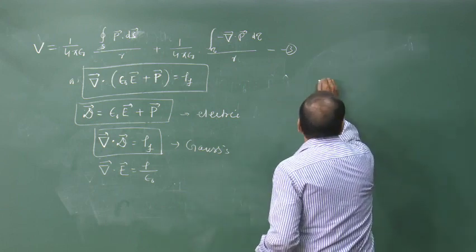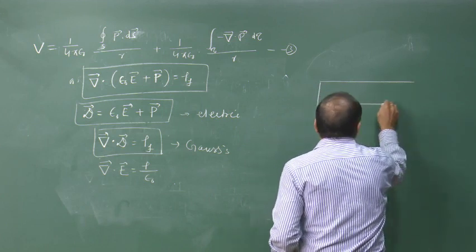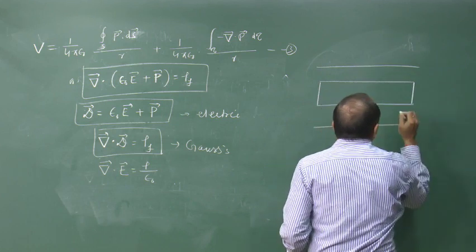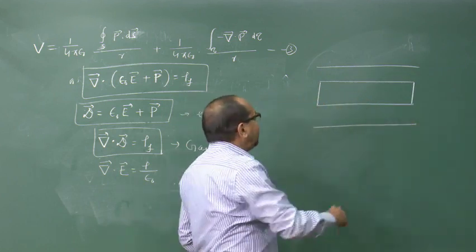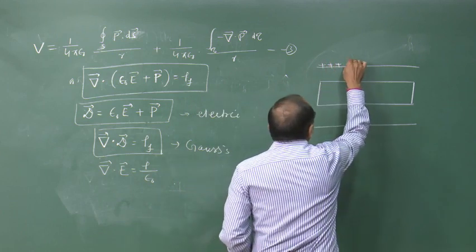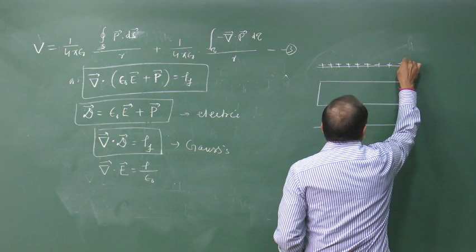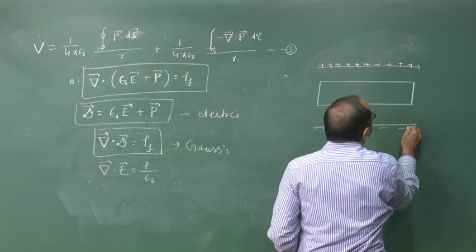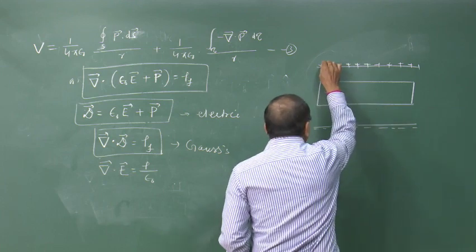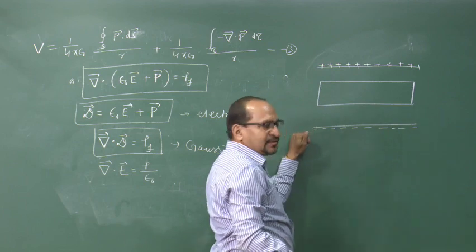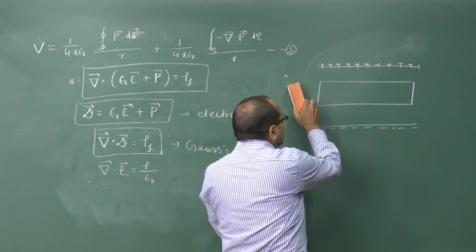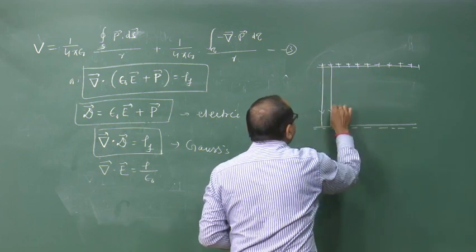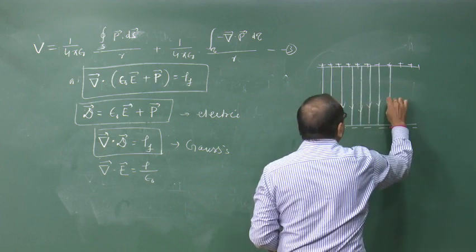Suppose we have a dielectric material like this, and we have two parallel plates in which we have given free charges, so that there exists a uniform electric field between these two plates. So, before introducing this dielectric material, the field lines were like this. Okay. These are the field lines.